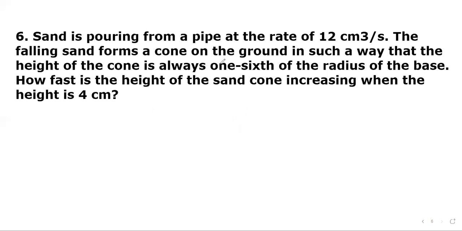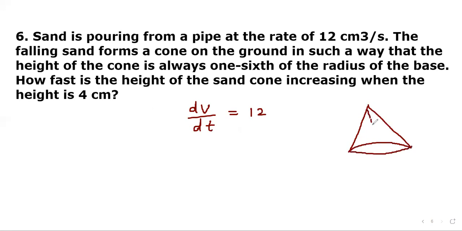Okay, here the rate of change of volume is given, so dV upon dt is given as 12 centimeter cube per second. For this cone, the condition is given that the height of the cone is always 1/6 of the radius of the base.